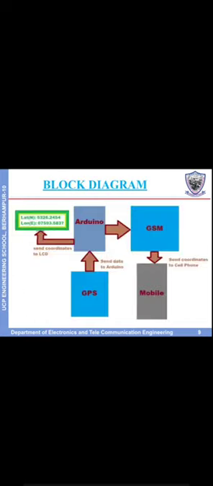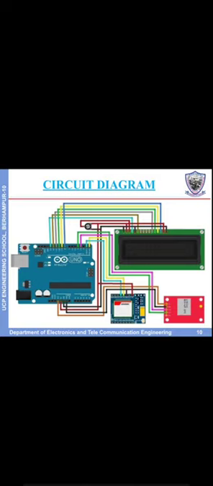Now I will discuss the circuit diagram. In this circuit diagram, 3 main components are used. These are the Global Positioning System or GPS, GSM module and Arduino.